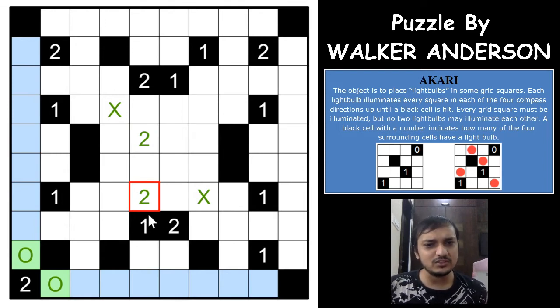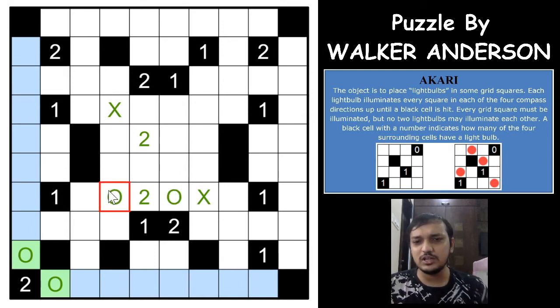So what happens in this case is, both of these cannot be the light bulbs, right? Okay, let us assume this is a black cell. Let it be the way it is. The 2 here with the 4 white cells here, and the 2 here with the 3 white cells here. So both of these cannot be the light bulbs. So what happens if both of these are the light bulbs?